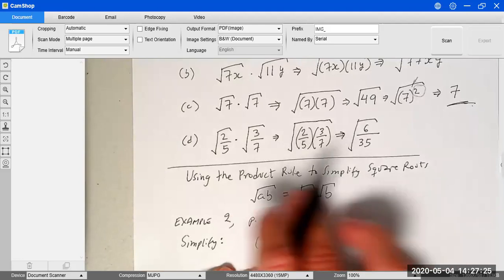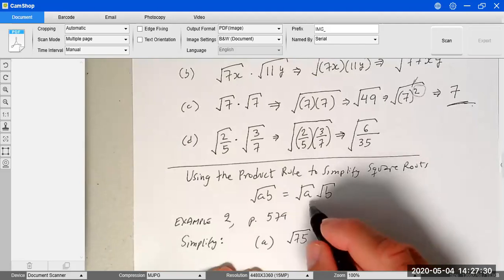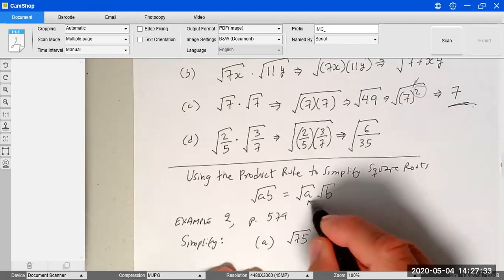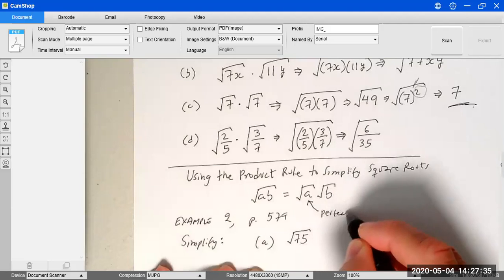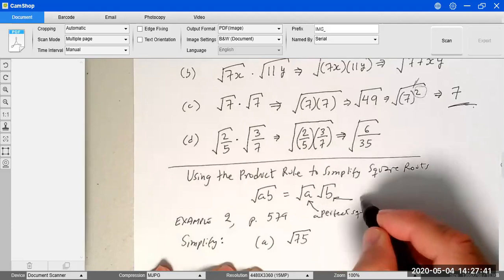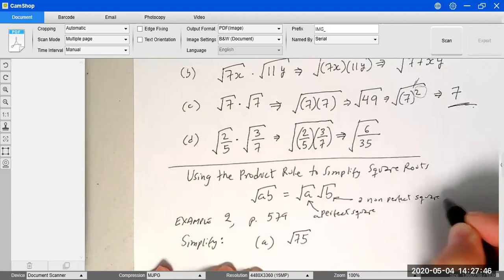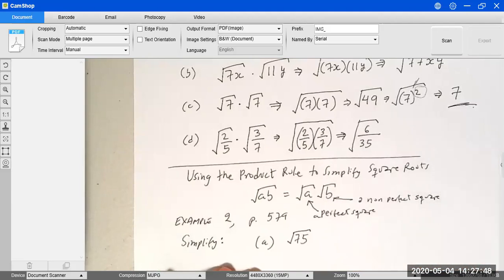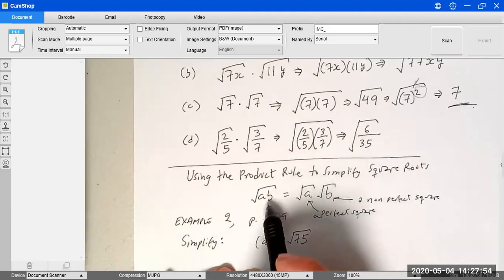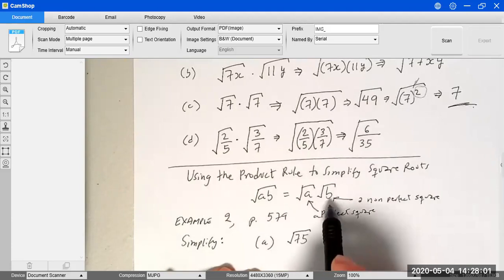Any radical that we're going to break, the idea is that one of these two, for example the first one, should be a perfect square, and the second one a non-perfect square. That's the way that we're going to break these radicals. So the idea is that we're going to rewrite the number as the product of two numbers. One of those numbers is going to be a perfect square, the other one a non-perfect square.